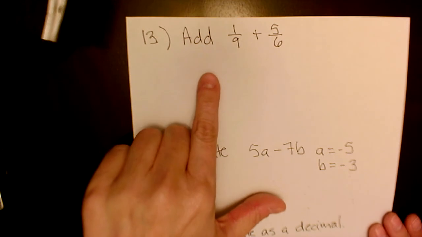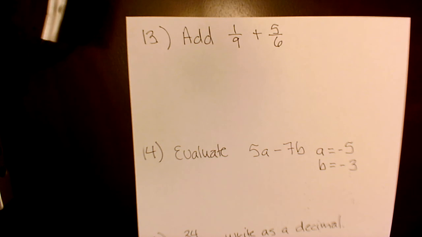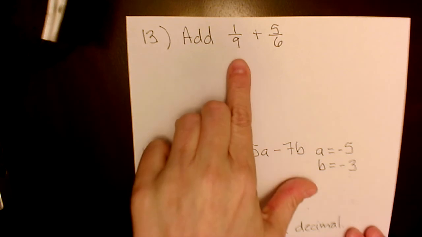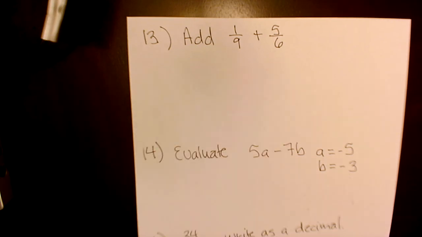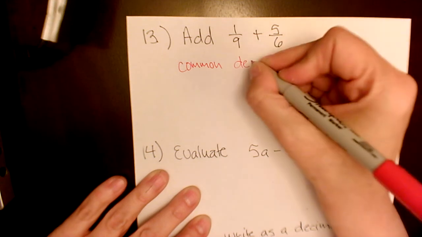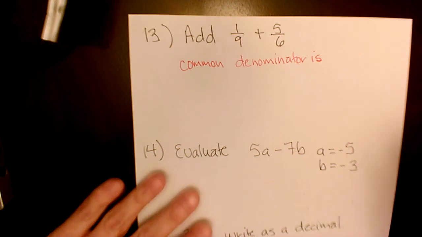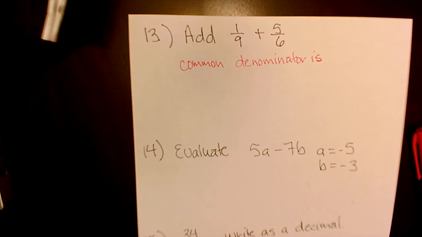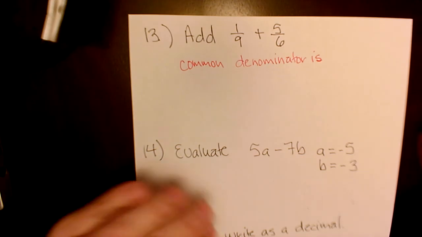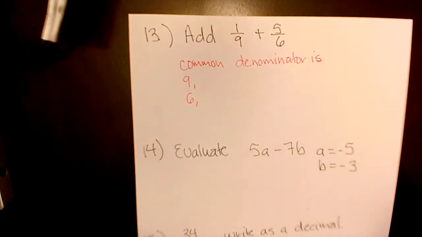Okay, here's 13. I want to add 1/9 and 5/6. And can I add them as is? Do they have the same or common denominator? No, they do not. So, if you think about it, what would be a good common denominator for 9 and 6? We could do an LCM for 9 and 6 and see where they match up.